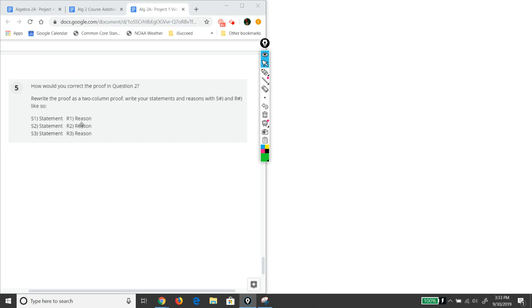So I'm going to just solve that problem, showing you a 2-column proof. On the left-hand side, I will do statements. On the right-hand side, I will give you the reason.